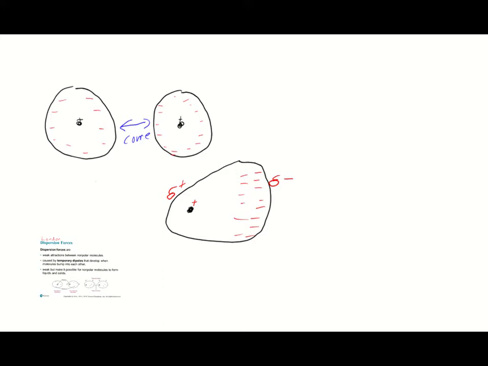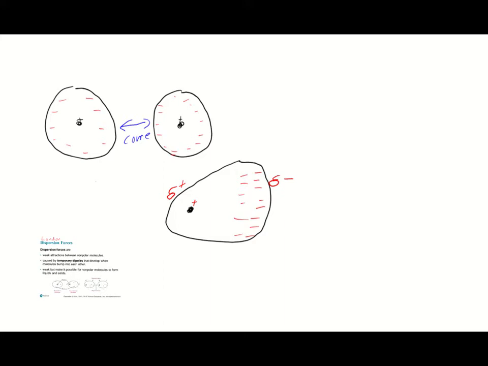Now, it's important to note that even though we're using the same partial charge symbols as we do for a dipole-dipole, the partial charges for London dispersion are generally, but not always, a little bit weaker than your typical dipole-dipole interaction. So you see that distortion in one atom.